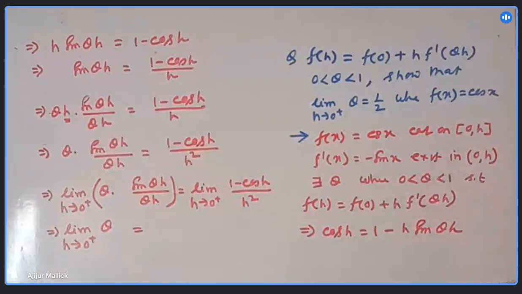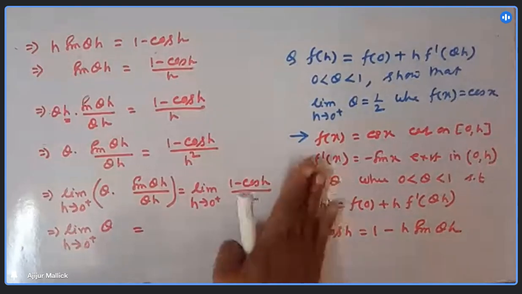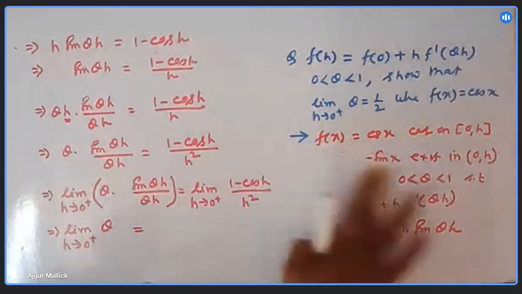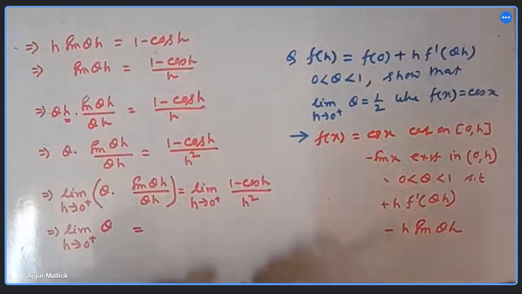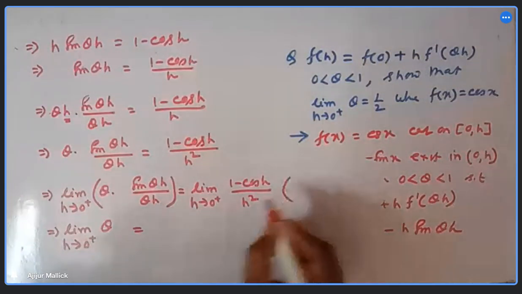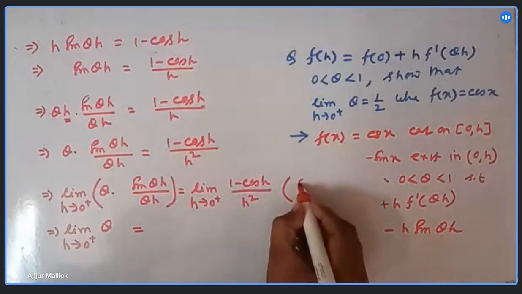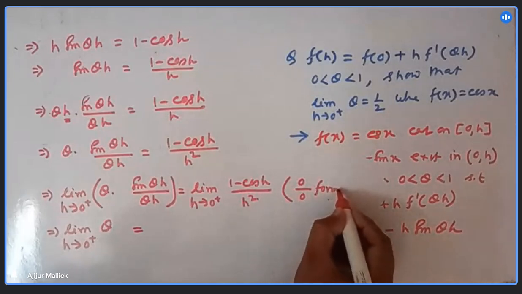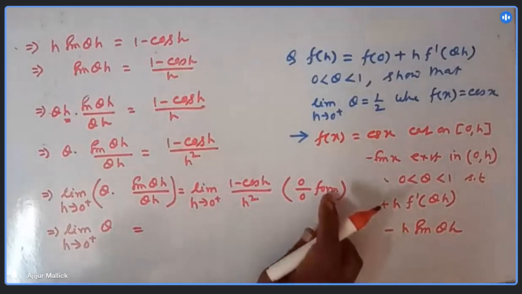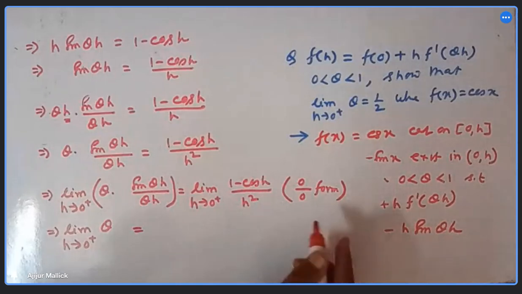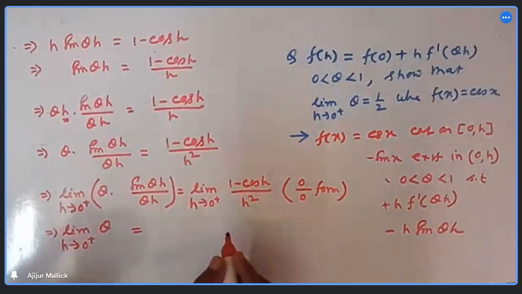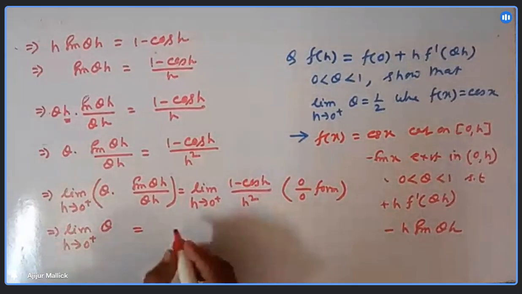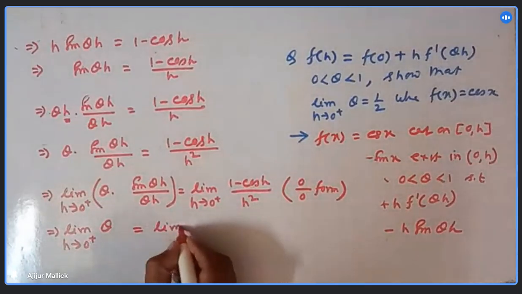I shall use L'Hospital's rule here. See, if I put h equal to 0, the numerator and denominator are both 0, so it is 0 by 0 form. Then differentiate both numerator and denominator.